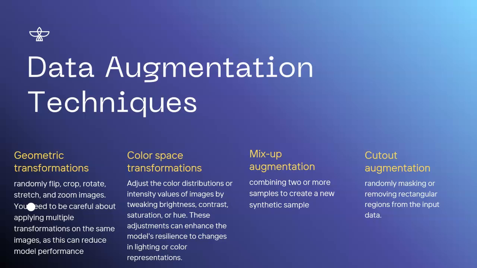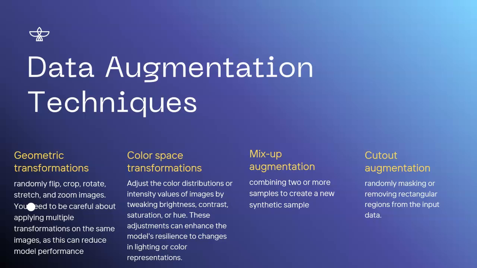There are different types of data augmentation techniques: geometric transformations, color transformations, mix-up augmentation and cutout augmentation. In geometric transformations, as I already said: flip, crop, rotate, stretch, zoom, and reflections with respect to the x and y directions.